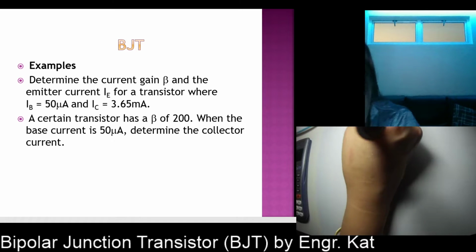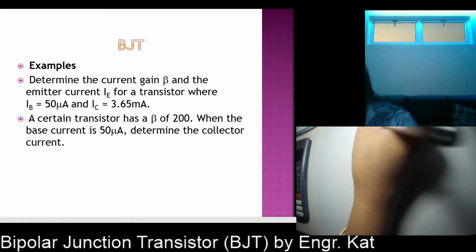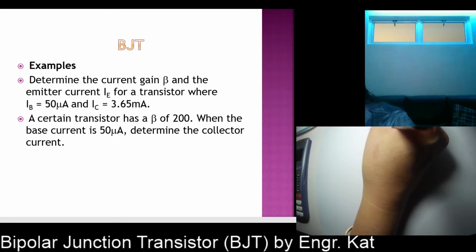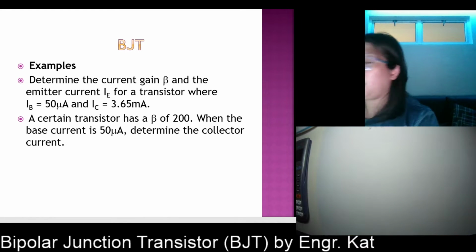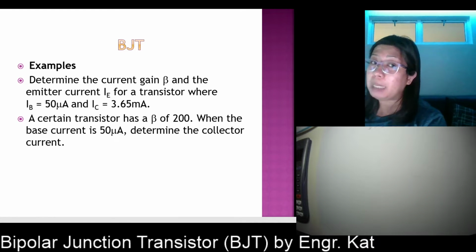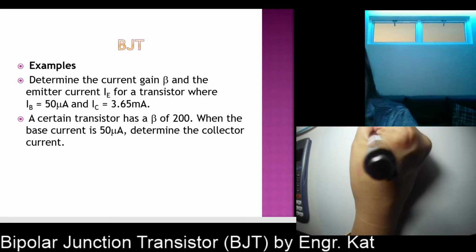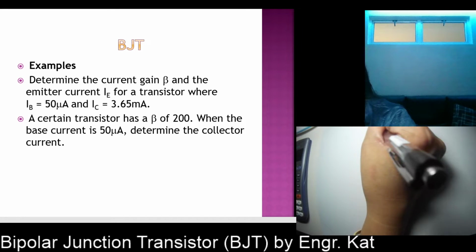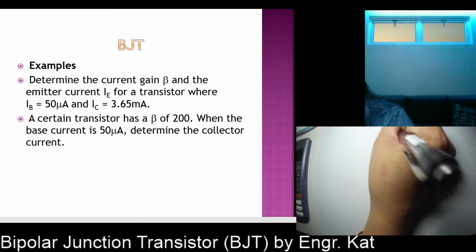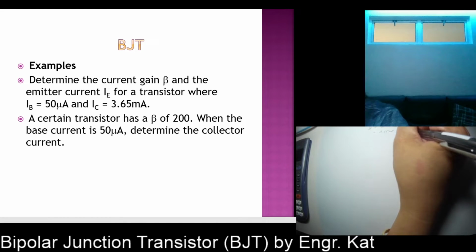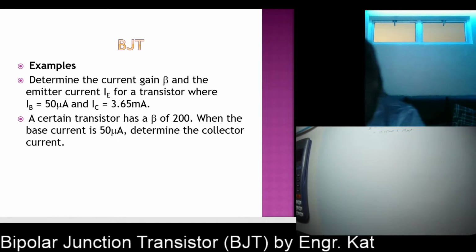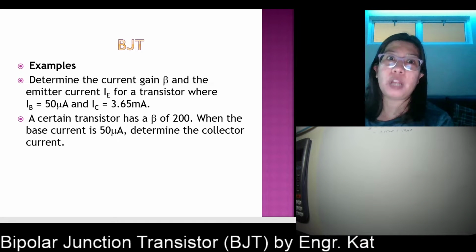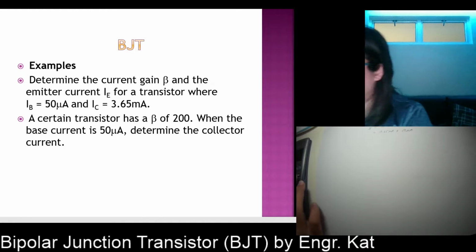So what is IE? IE is just the sum of your IC plus IB. So just take note of your micro and your milli. Okay, so IC here is 3.65 milliamperes plus you have here 50 microamperes. So take note how small your IB is compared with your IC.